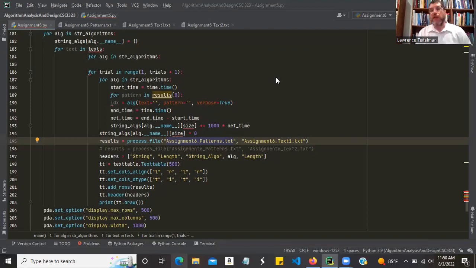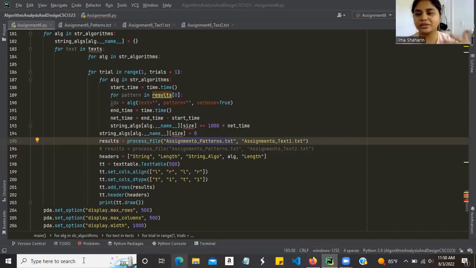All right, so now you have your text. And the way you get your patterns is you read them in, okay, now you have a list of patterns, so you iterate over them. Does that help?